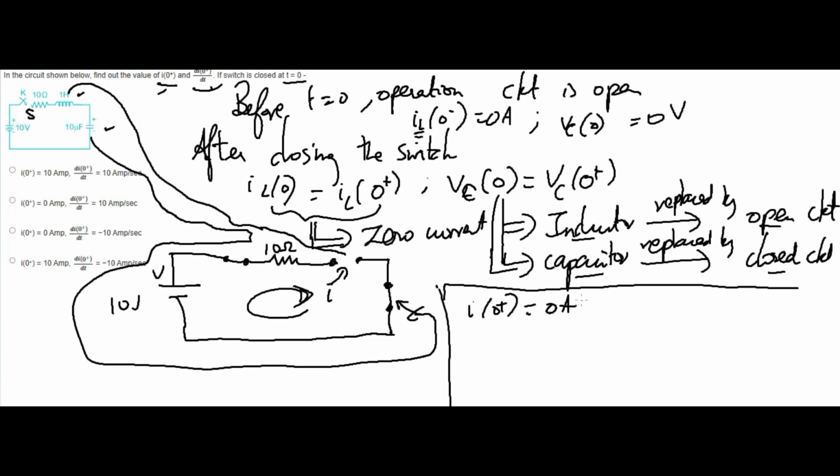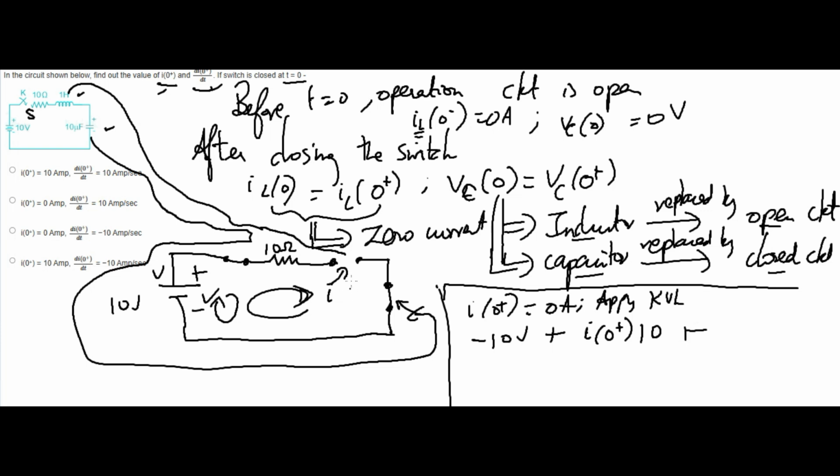Now we have to find the voltage, so apply Kirchhoff's voltage law. First, the voltage across the 10 volt source is minus 10 volts, because the electron moves from minus to plus. Plus the voltage across the 10 ohm resistor, V is equal to IR, where I is I of 0 plus, and 10 is the resistor value.